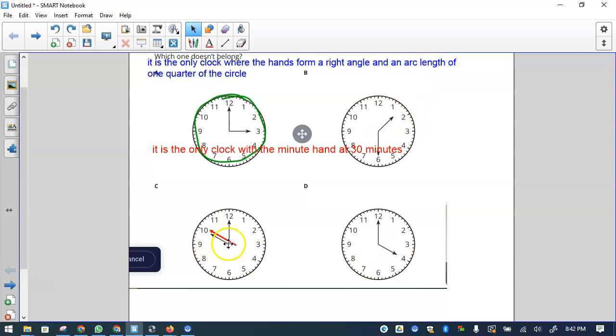So that's the only one where it points on the left side. And it's the only clock where the hands form an acute angle. This angle is acute, but here it is 90. This is obtuse, and this is also obtuse. So there are two things happening: the hour hand pointing to the left side, and the angle being acute.